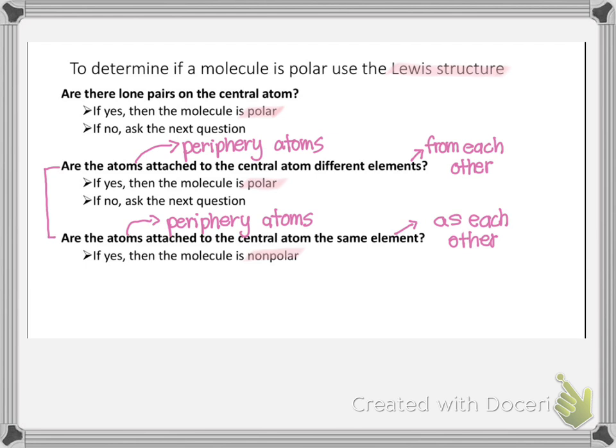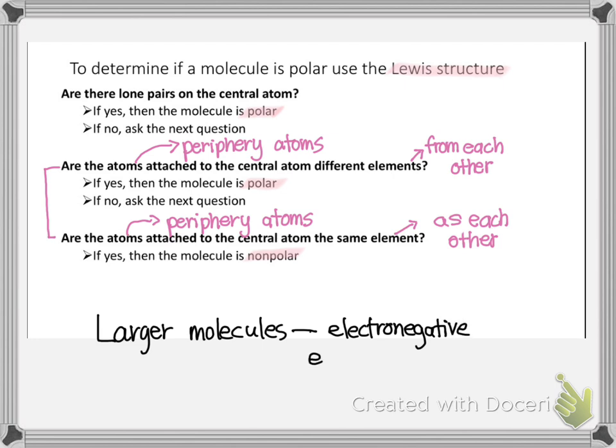Something to note as you go into larger molecules: you're going to find really electronegative elements, things like nitrogen, oxygen, and fluorine. They cause large molecules to have some polarity. Here's another really cool thing we'll talk more about when we get into solubility.